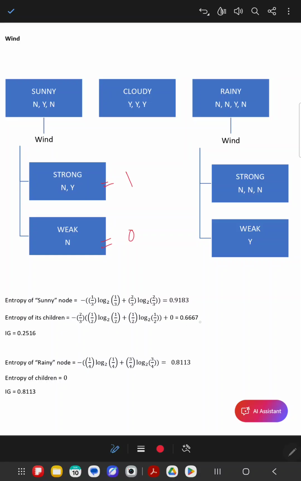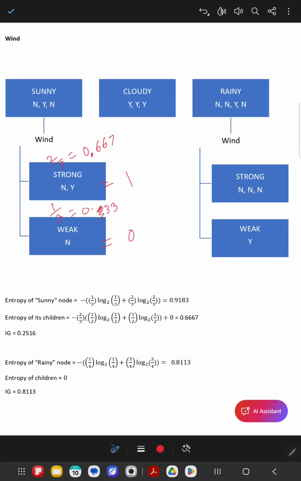Here the entropy is 0.6667 combined for the child nodes, because the weightage is 2 by 3. There are 3 rows in sunny, out of which 2 of them have strong winds and 1 of them has weak winds. So 2 by 3 is the weight of strong and 1 by 3 is the weight of weak. And this is 0, so this does not matter anyways.